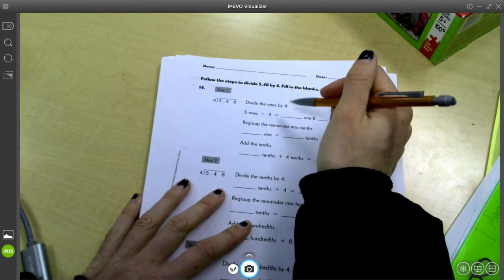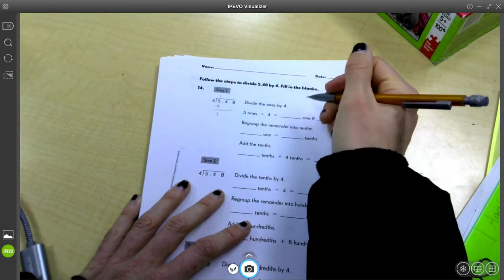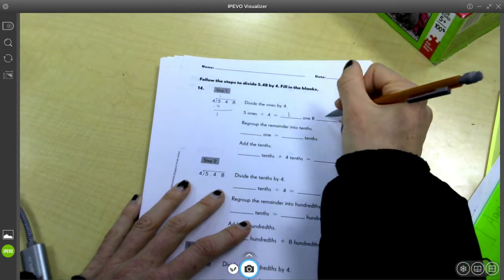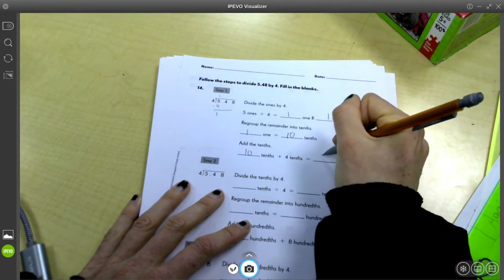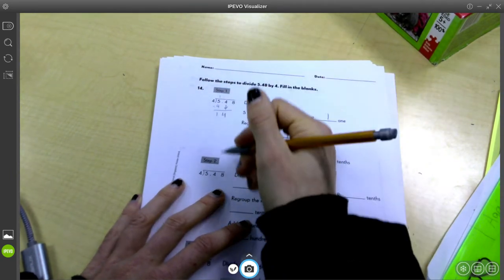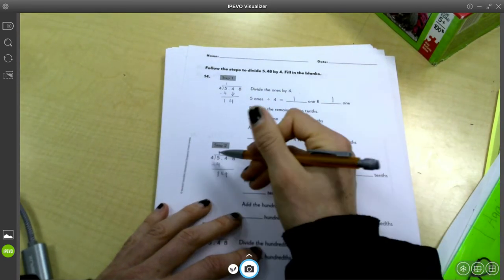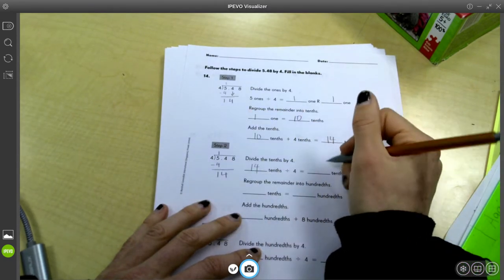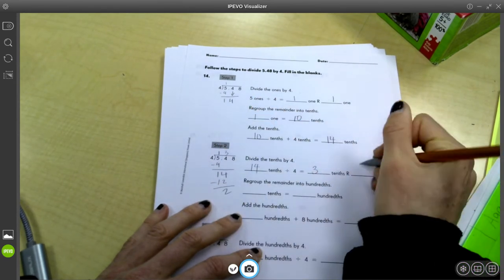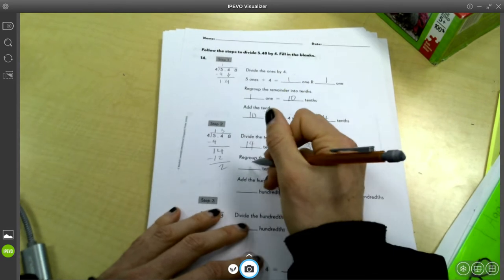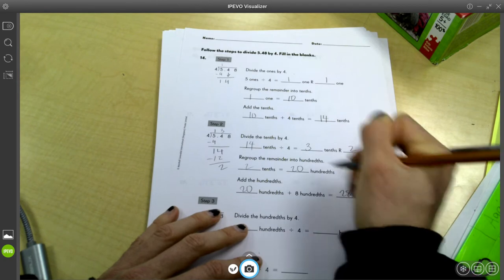All right. Divide the 1s. 5 divided by 4 is 1 with 1 left over. 1 is 10 tenths. Add the tenths. 10 tenths plus 4 tenths is 14 tenths. Let me just rewrite it over here. All right, divide the 4. 14 tenths divided by 4 goes in 3 times, which is 12, with 2 tenths left over. 2 tenths equals 20 hundredths. 20 hundredths plus 8 hundredths is 28 hundredths.